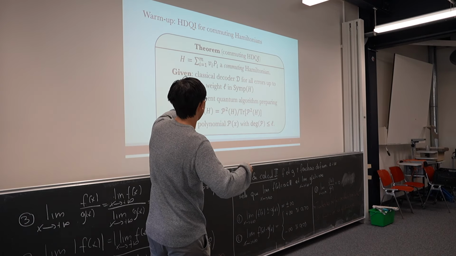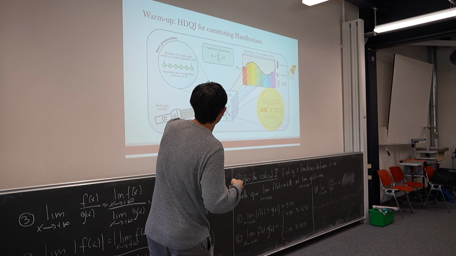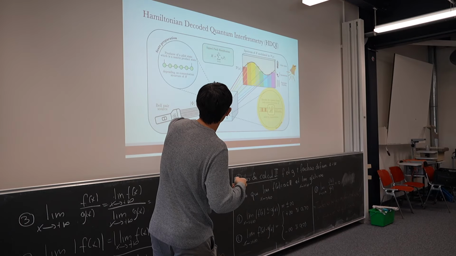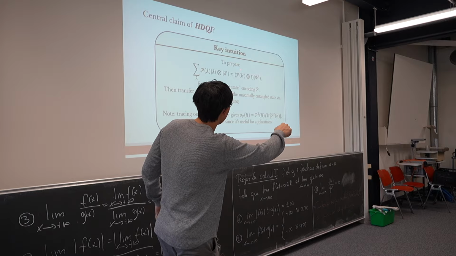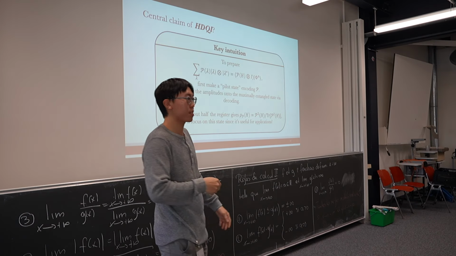This is literally just the previous state: the polynomial of the Hamiltonian times the Bell state, where I just trace out half of the qubits.